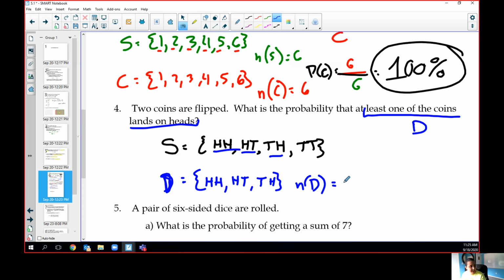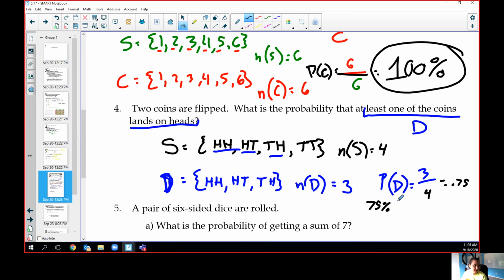So the number in D is 3. The number in our sample space is 4. So the probability of D would be 3 out of 4, or 0.75, or 75%. So 75% of the time, at least one of the coins will land on heads.